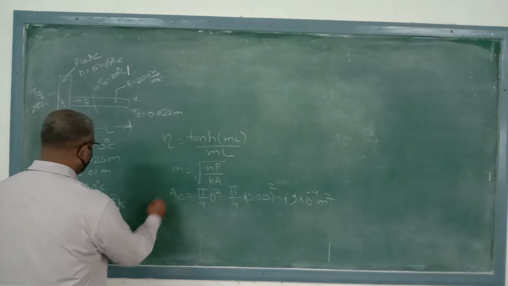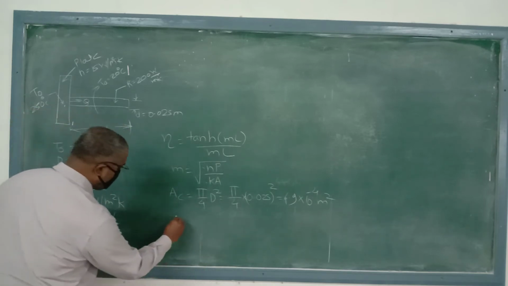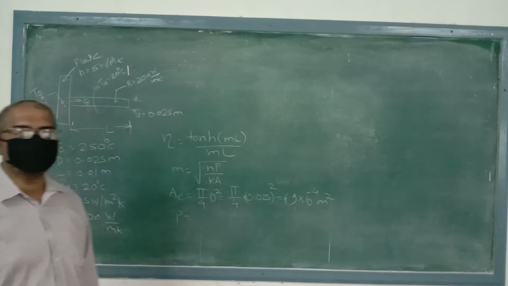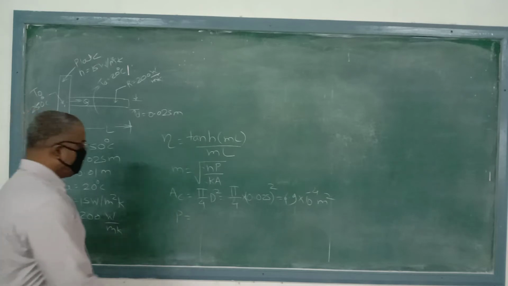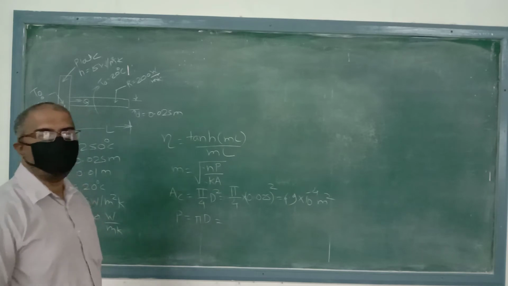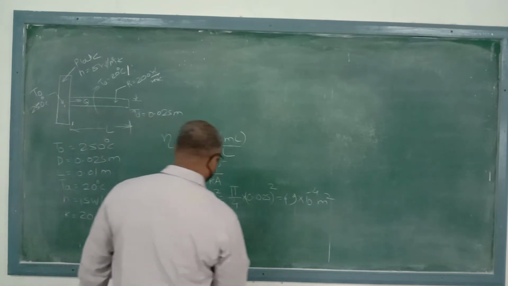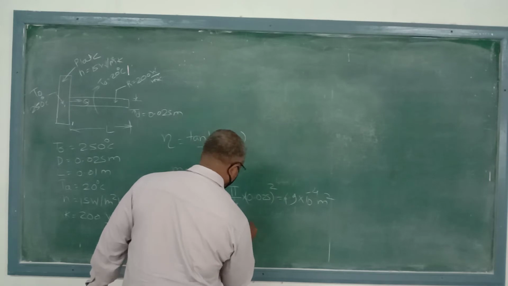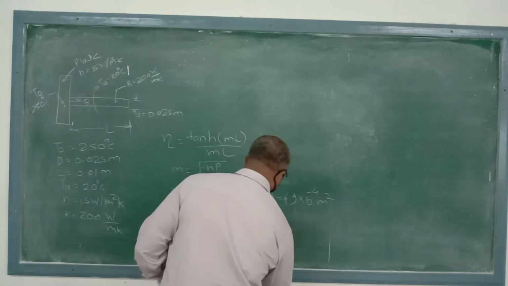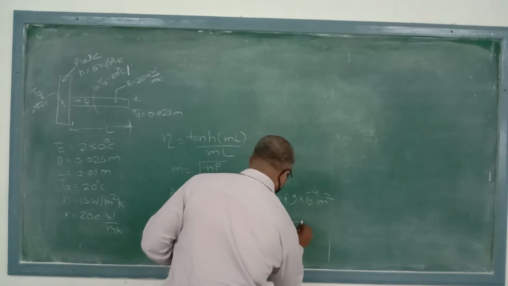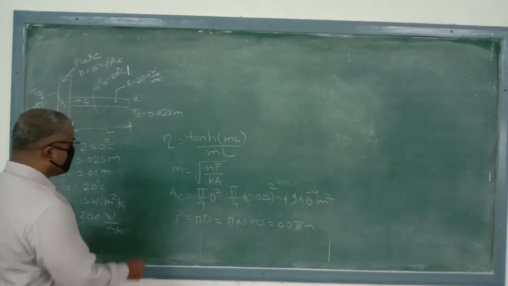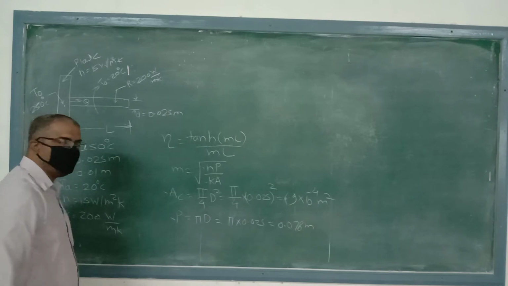So we have calculated cross section area. Next we have to find perimeter. So what is the perimeter of this circular rod, which is pi into d. After substituting all the values, pi into 0.025, we are getting perimeter 0.078 meter. Now we have found the value of cross section area and perimeter.